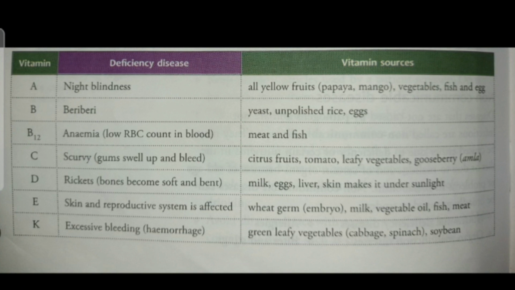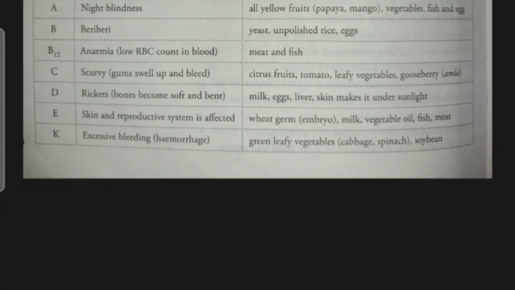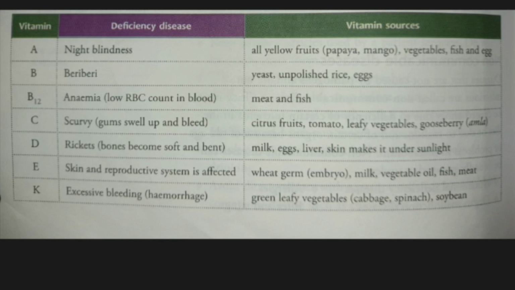The first is night blindness, caused by vitamin A. Night blindness happens due to the deficiency of vitamin A, and the main vitamin A sources are yellow fruits, papaya, mango, vegetables, fish, egg, etc. The second one is B. B is actually not a single vitamin, it is a B complex vitamin, and due to B1 deficiency, beriberi happens, and the sources of B are yeast, unpolished rice, eggs.